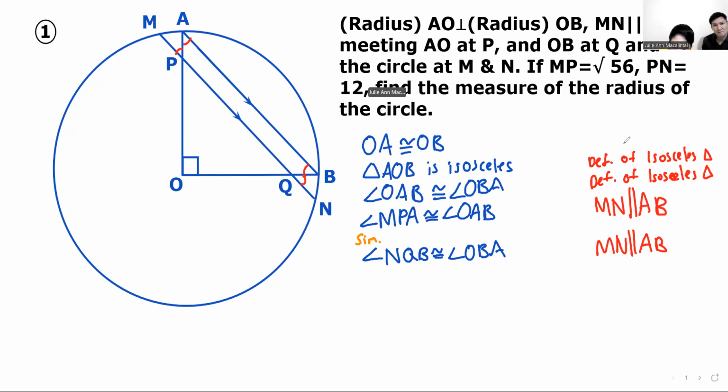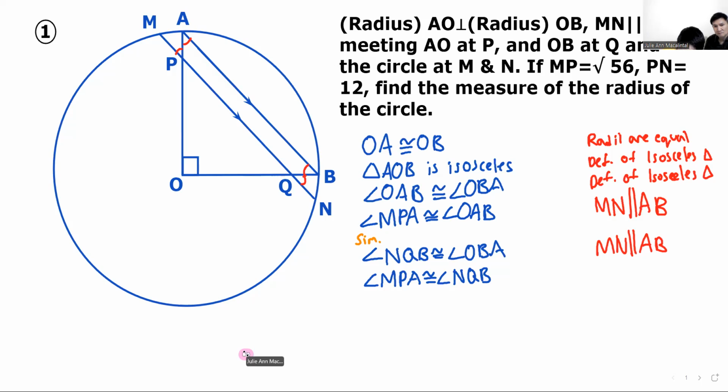By transitivity, since OAB is congruent to OBA, angle MPA is congruent to angle NQB. Actually, it's already shown in the figure because I placed the same marks. So this red angle is also equal to that red angle. All four angles are congruent.